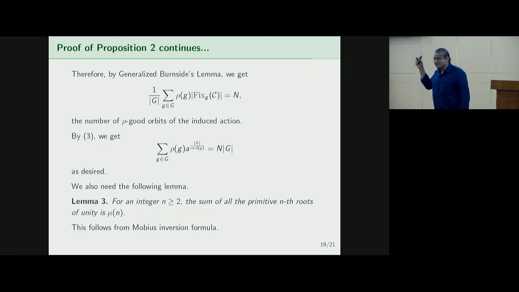Trivial means it is 1 only. This is μ_n to μ_n. For a finite group, the image is going to be roots of unity only in C star, therefore the identity map is a character.